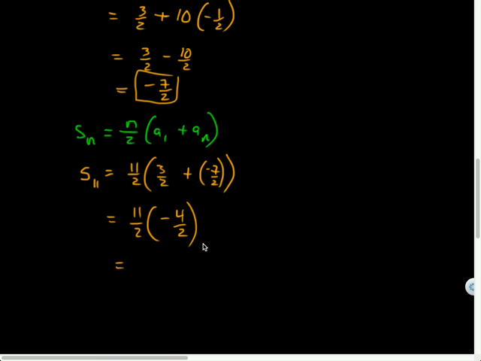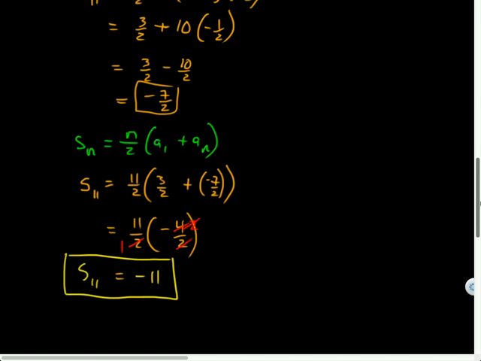I guess I could cross cancel there or simplify a couple things. 2 goes into 2 once and into that twice. And then that cancels out. It's just 11 times negative 1. Is that right? Or yeah, negative 44/4. Whichever way you do it. Multiply, whatever. And I'll just get 11 times negative 1, or negative 11. Was that right? Did I have the answer copied?